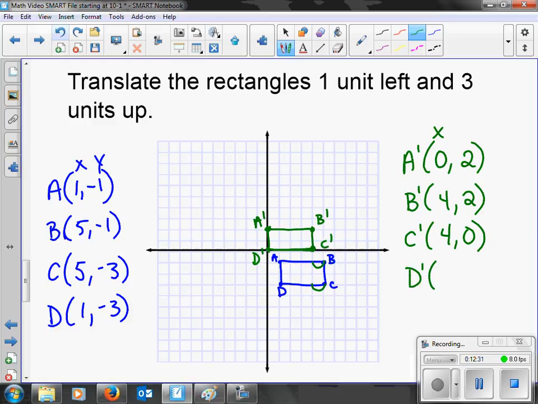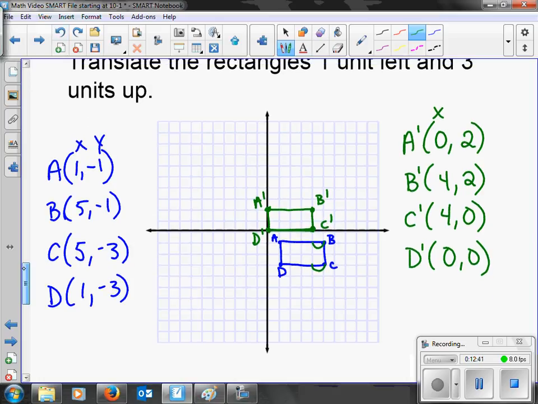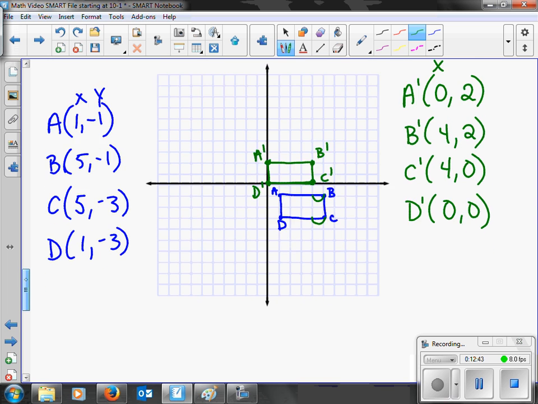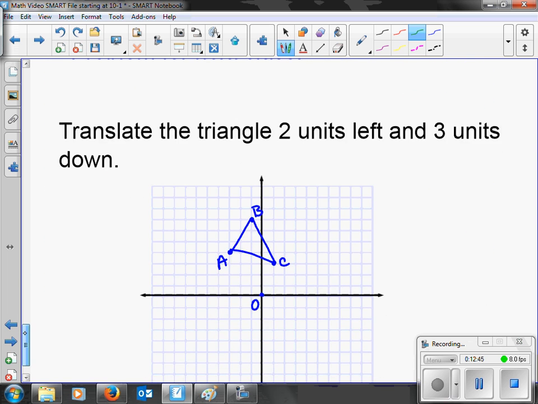And then D prime is on the origin, which is 0, 0. The origin is 0, 0 because it's right in the middle, and negative and positive 1 are on either side of it.